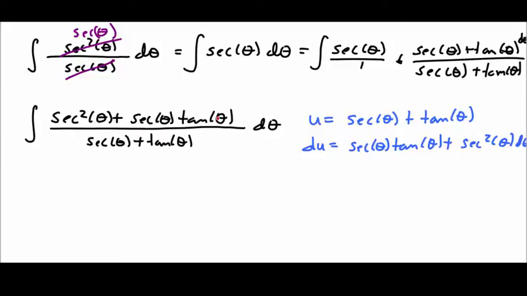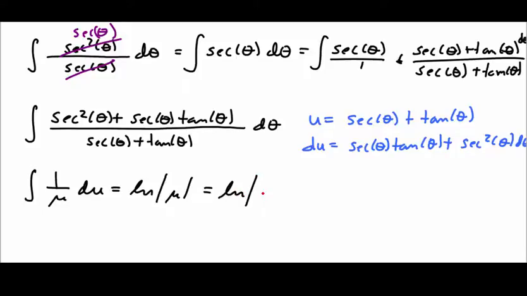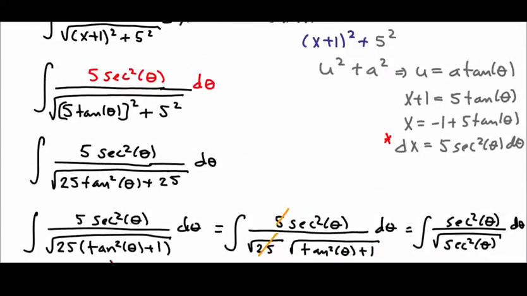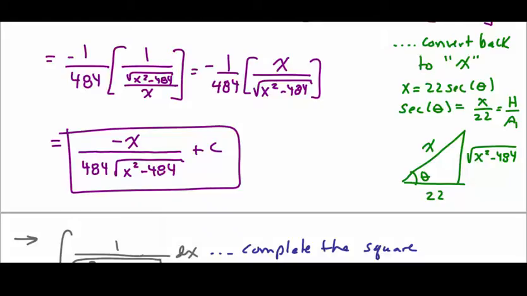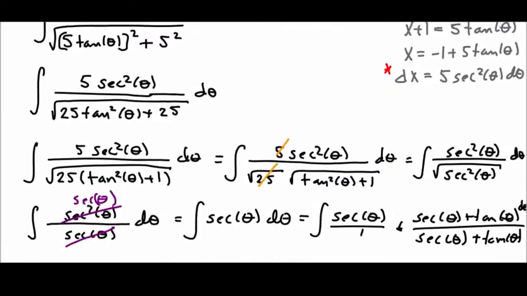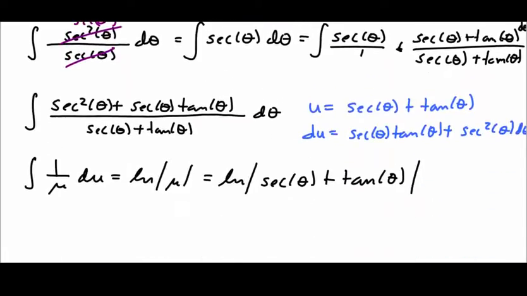I have all of that up here in my numerator. So this is just 1 over u du, which is the natural log absolute value of u, but u was secant theta plus tangent theta. Now we've done so much work here, it would seem like we would be done. I mean, this problem started way up here, but we need to convert back to x.